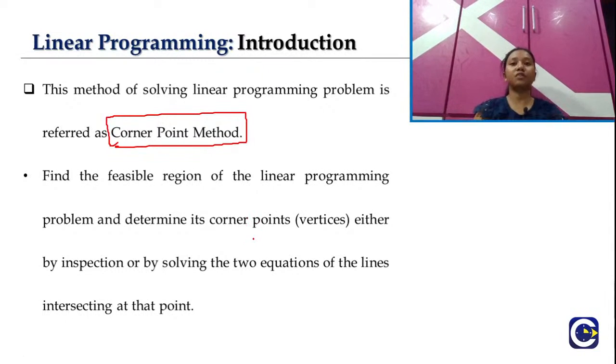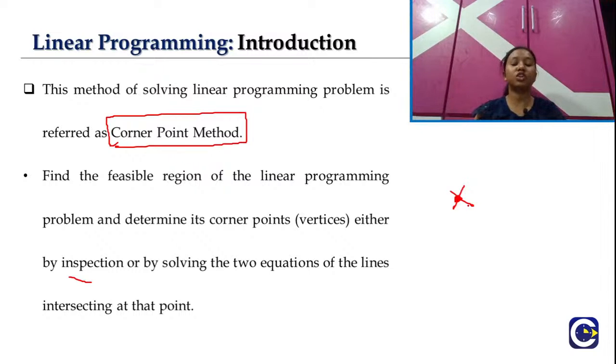So how can you find them? If we are plotting exactly to scale, then you can identify the vertices by inspection. If not, you can see which two curves or constraints intersect at the vertex, take those two and solve the equations in order to get the corner point.